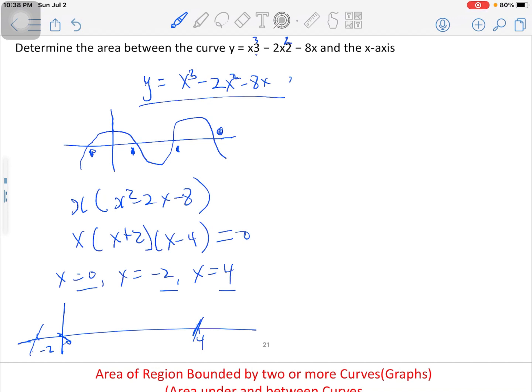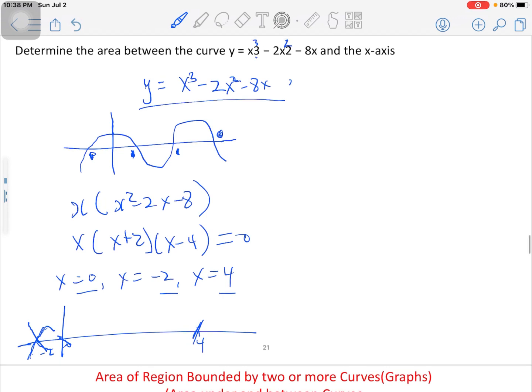Right. But the question here is how are you going to determine whether it's going to pass here as a minimum, or it's going to pass here as a maximum before it comes down or goes up, right? That means, for example, is it going to start from down here and go up, or is it going to start from up here and come down? So in this case, you need to determine where it passes.